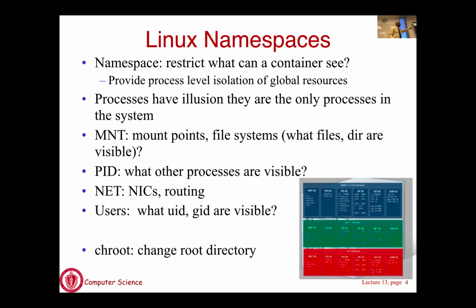You can also limit which network interface cards are seen. If you have multiple interface cards, you can say this namespace or this container can only use this card. For example, you might have an Ethernet card and a Wi-Fi NIC, a wireless and a wired NIC, and you can say this container can only use my Wi-Fi interface. In that case, if it tries to send any data on the wired interface, it will not be able to, it will not even see it.